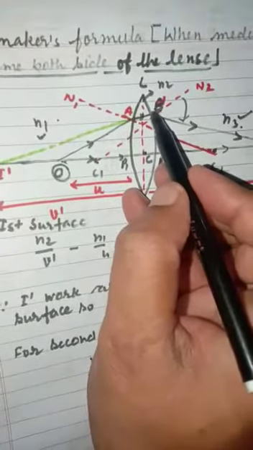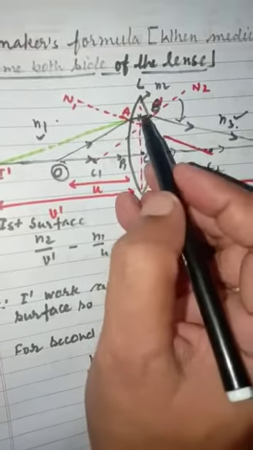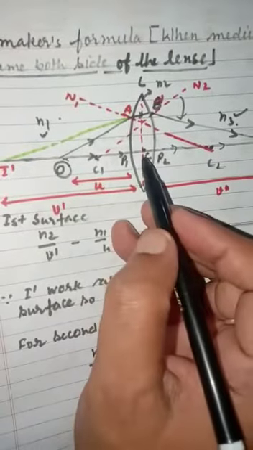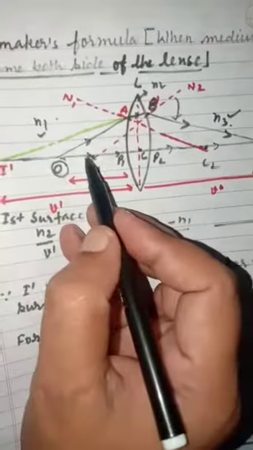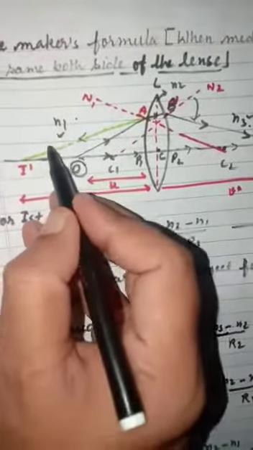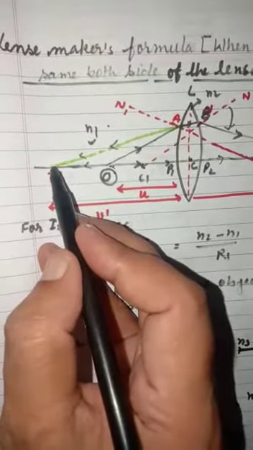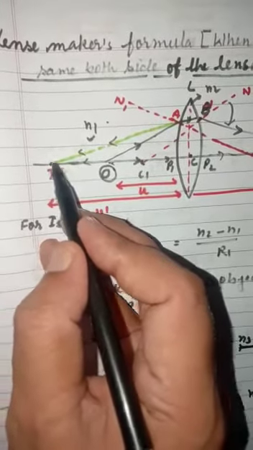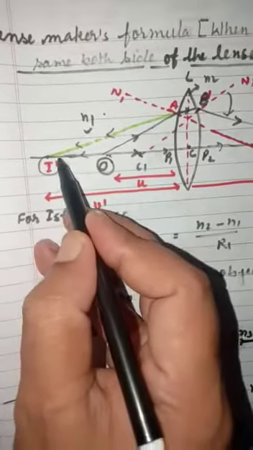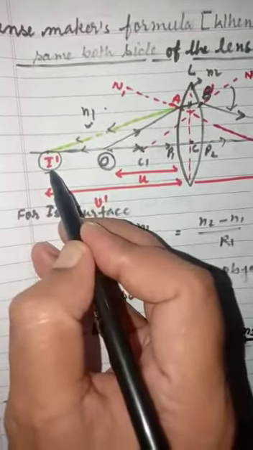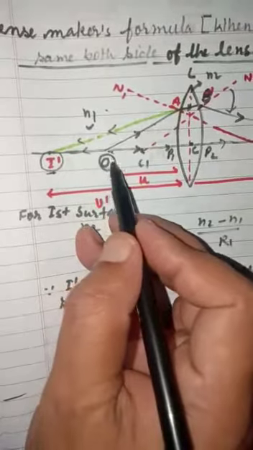If the refracted rays AB and CI are produced backward, then we will see clearly that these refracted rays also meet together on the principal axis at I dash, where the virtual image of the object is obtained.